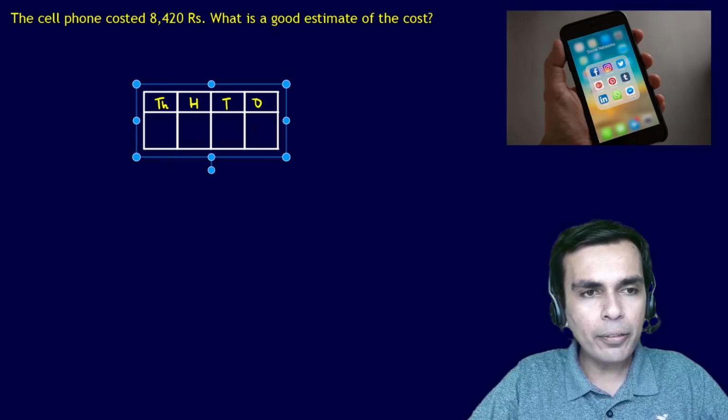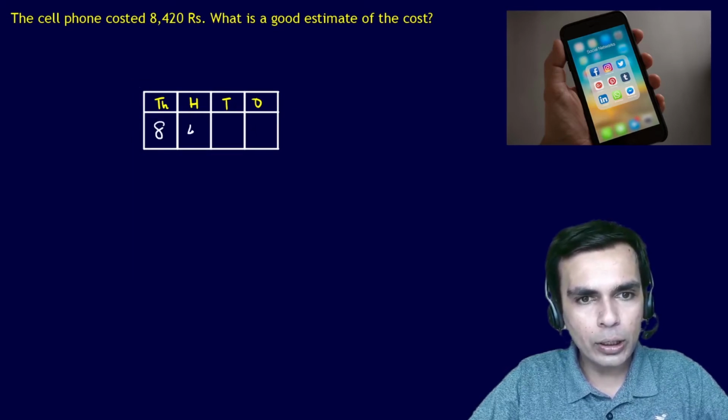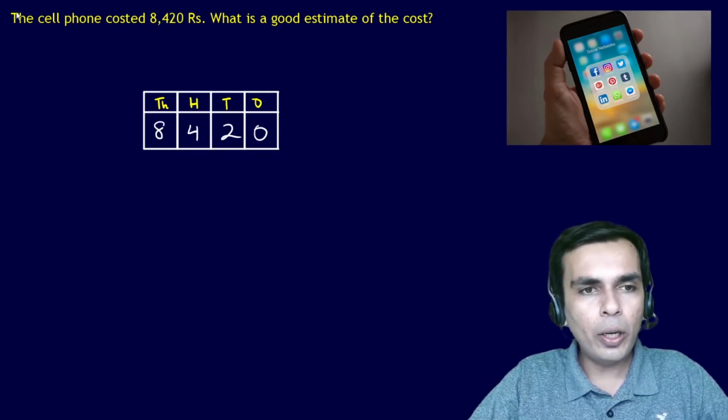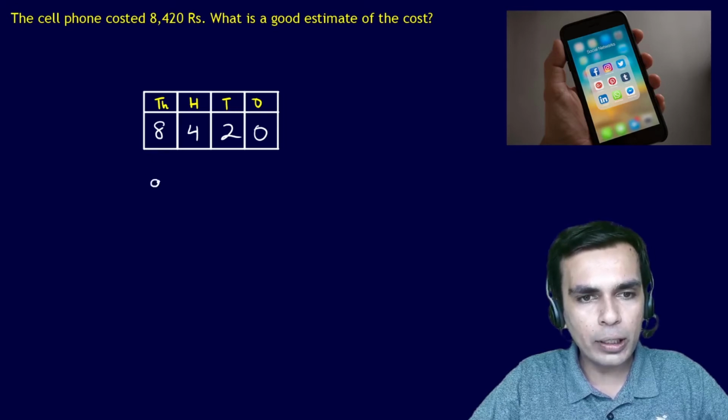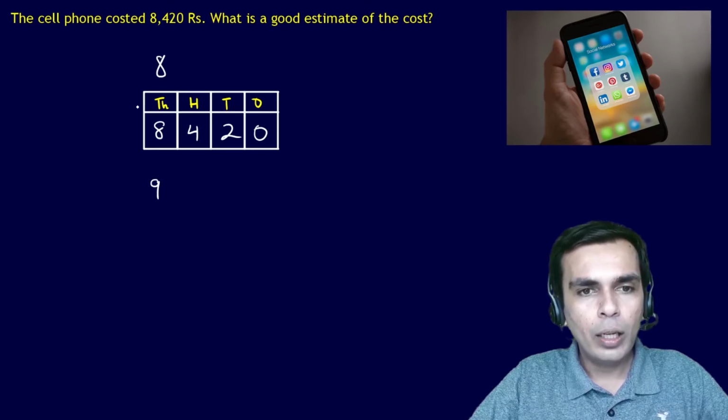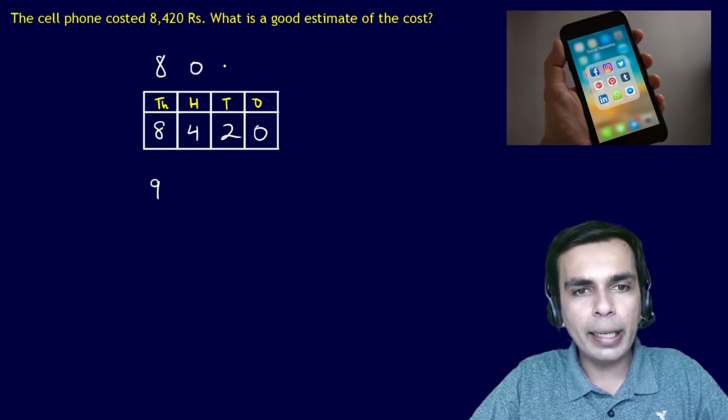So let's say here we would think, this is 8,400s, 2 tens and 0 ones. Now, how about if we think of this as 9,000, or we just think of this as 8,000. Okay, now I think 8,000 would be very less an estimate of the cost of the cell phone.